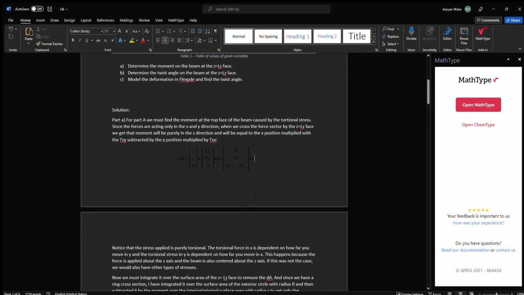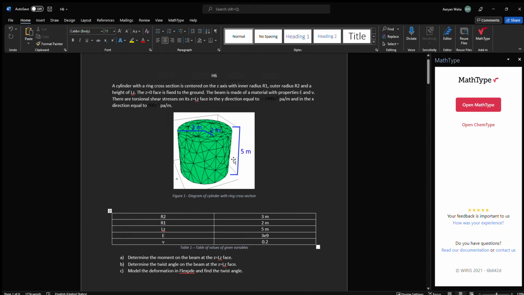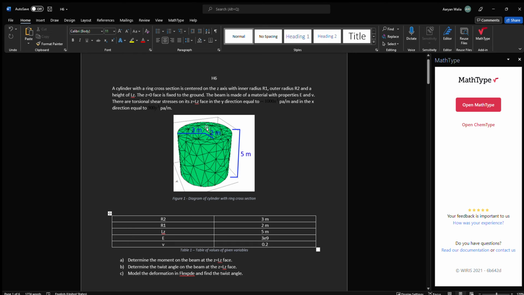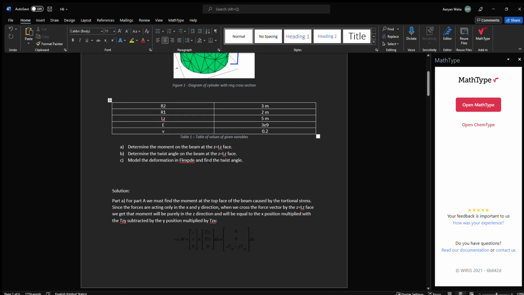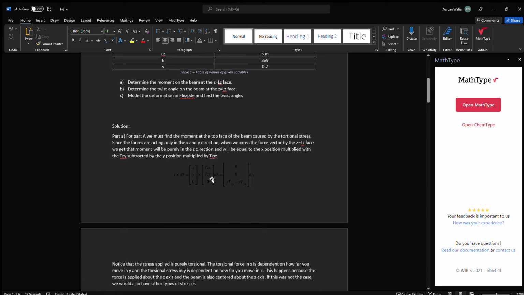So what this tells us is that the stress applied is purely torsional, because the beam is centered on the z-axis and the moments being applied are only in the x and y direction, so there's only torsional stress and no other types of stresses.